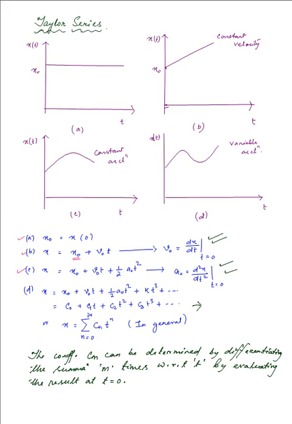So in order to do that, I'll just take the second order derivative of x with respect to t, and then also I'll have to set t is equal to 0. Then what happens is that the first term vanishes in the first derivative itself, the second term then vanishes after the second derivative, while the third term will contain 2 times C2, and that's all, because after the second derivative the t term will go away.